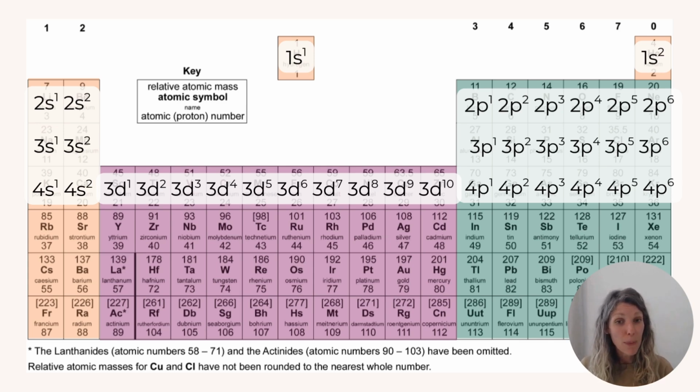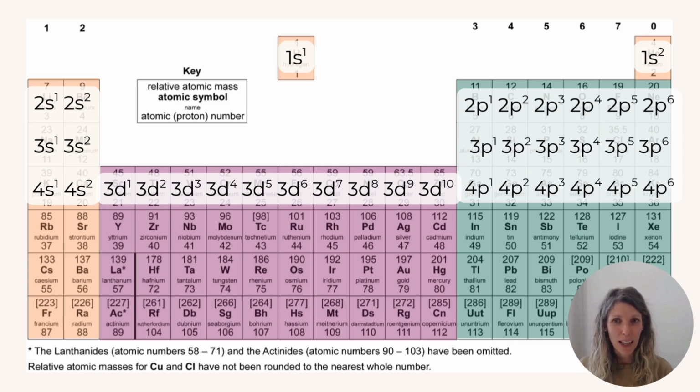Then we move on to the third element, 3 electrons. So lithium in the top left-hand corner, 3 electrons, 2 of them are in that first shell, 1s2. One of them is in the second shell in an s sublevel, so 2s1. So the whole configuration for lithium looks like 1s2, 2s1.